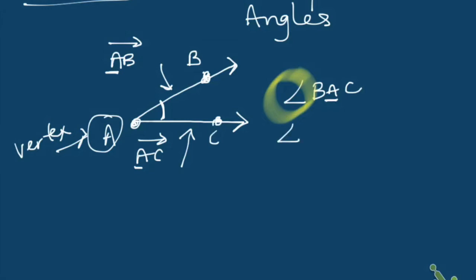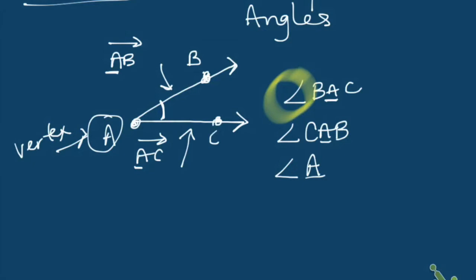Well, how about angle CAB? Or if you want to be even simpler, you can just call it angle A. But notice the importance of the vertex in all three angle names. It's in the middle of the two other points when you use the three-letter angle name, or it is the only letter in the angle name.